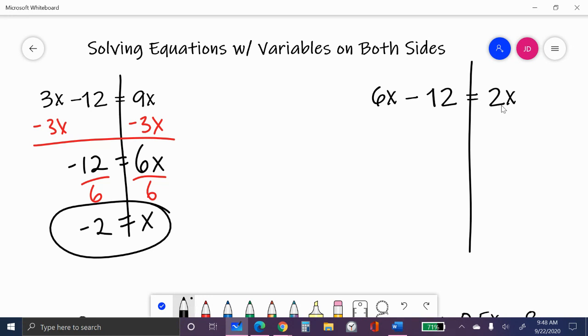I don't want to write that extra step, so I'm going to bring the 6x over to this side. So instead, I'm going to minus 6x, and you'll get a negative, which is okay. And you get negative 12 over here. And this one is 2 minus 6x, which is negative 4x.